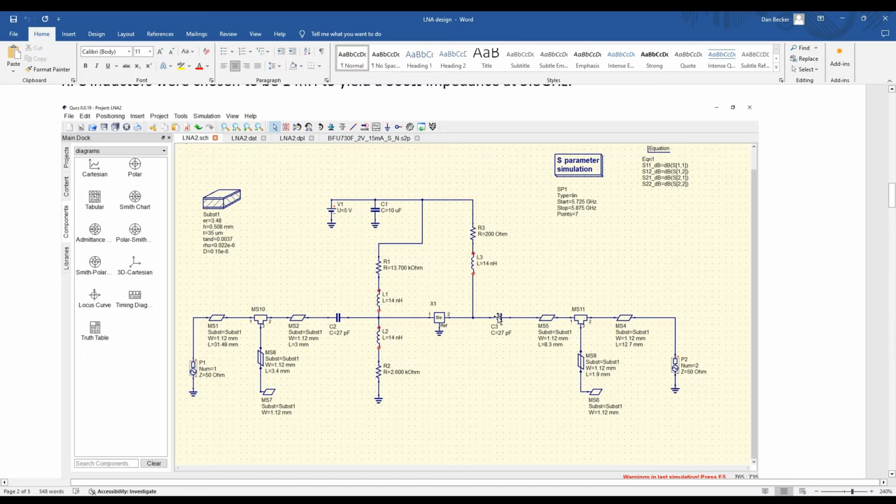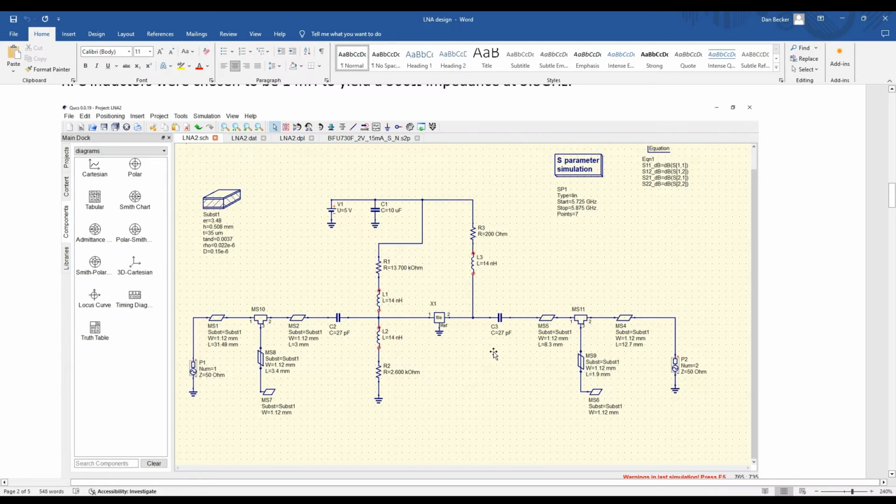The important thing here is R3 is 200 ohms, and with 15 milliamps of collector current, that drops it from 5 volts down to 2 volts, and that gives you the 2 volt collector to emitter voltage. And then on the base side, we set the voltage correctly with these resistors here.